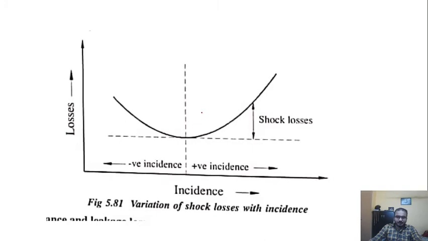And as I was discussing about the proportionality with the square of the shock velocity component, that can be easily visible over here: as the positive incidence increases, the losses are increasing with the square, and the same is applicable over here also for the negative incidence.